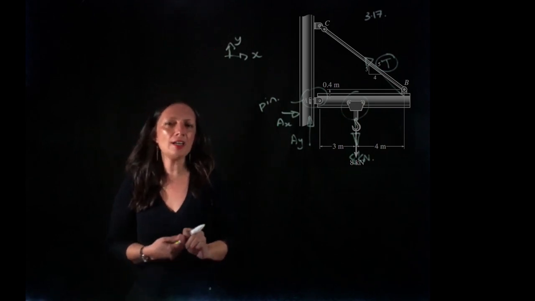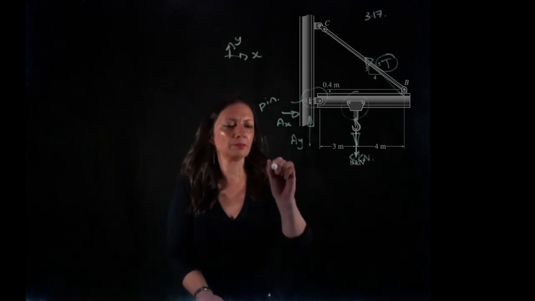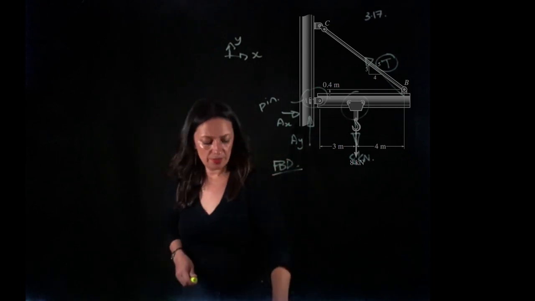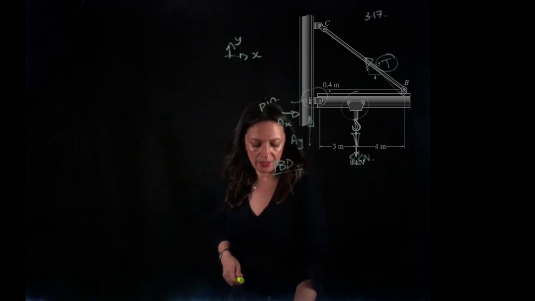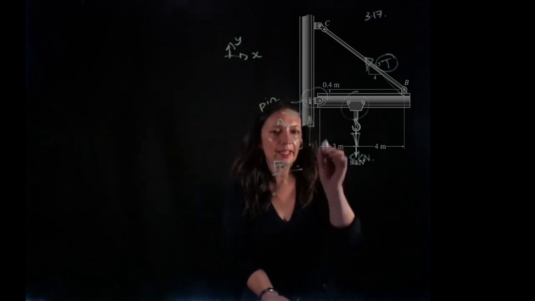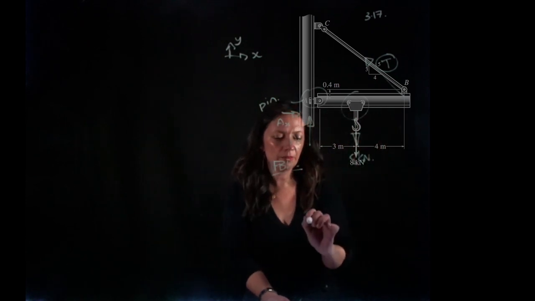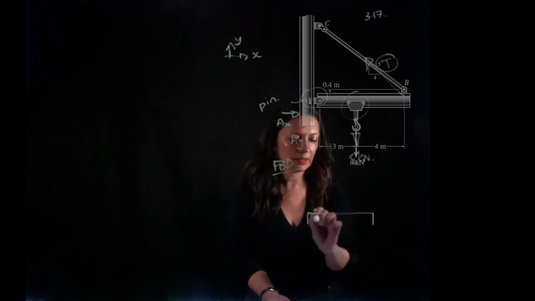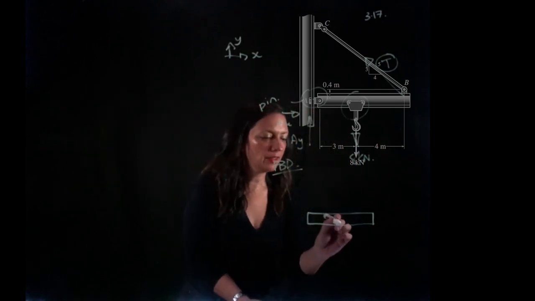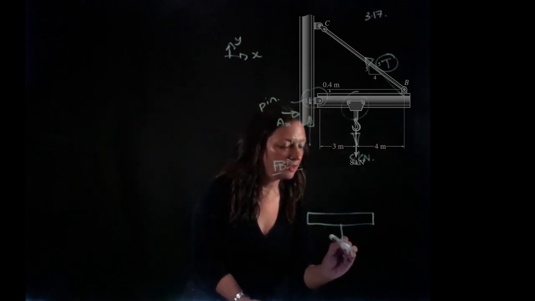So what's the first thing we're going to do? We're going to draw a free body diagram. So this is what the free body diagram is going to look like. I'm going to have the beam, and I will have a force here of 8 kilonewtons.